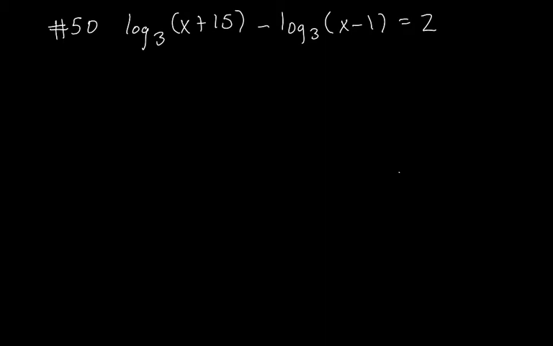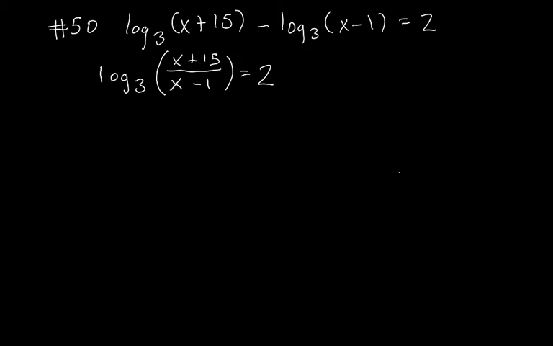The first thing that we want to do is use the quotient rule. I see that I have a log minus a log. So if we apply the quotient rule, we arrive at log base 3 of x plus 15 over x minus 1 equals 2.